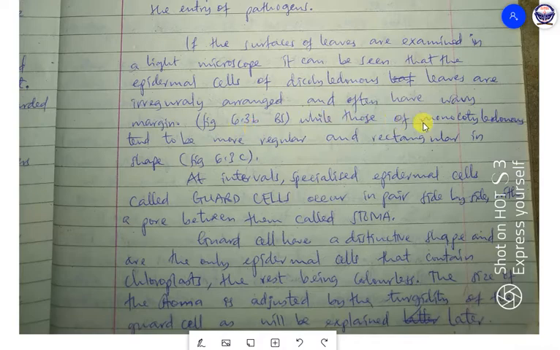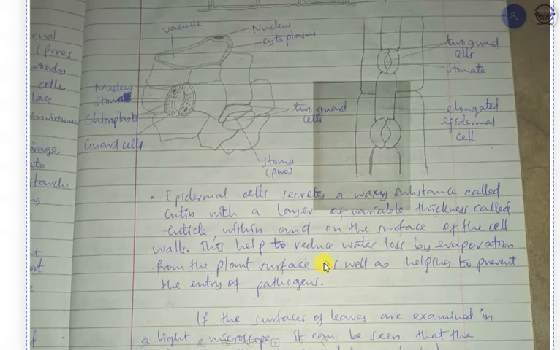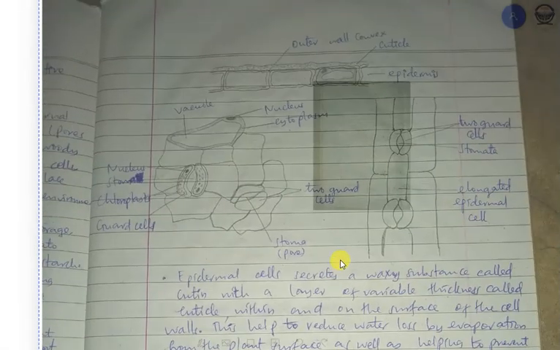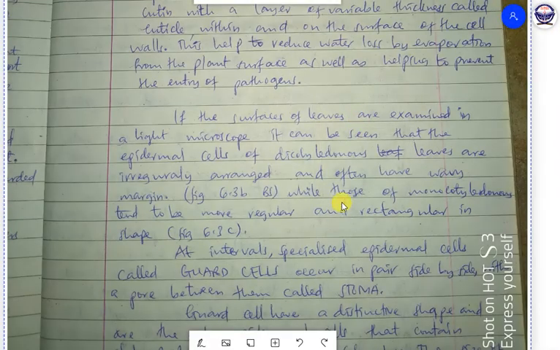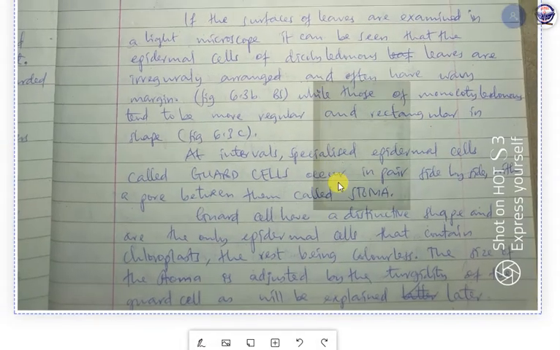While those of monocotyledonous tend to be more regular and rectangular in shape, as in figure 6.3c. So hizo diagram ndizo hizi hapa tulizotoa kwenye BS moja kwa moja. Hii ni nani? Ni dicotyledonous leaf. Huyu ni monocotyledonous leaf. So dicotyledonous leaf anakuwa ni irregular, ana wax margin na vitu kama hivyo, wakati huyu anakuwa ni regular. So hicho ndicho tulichokuwa tunakielezea hapa kwenye leaves.